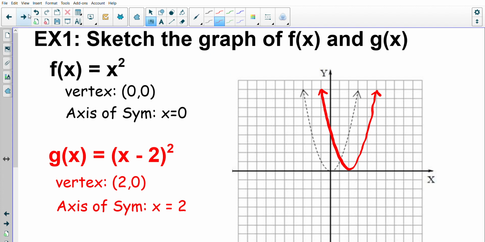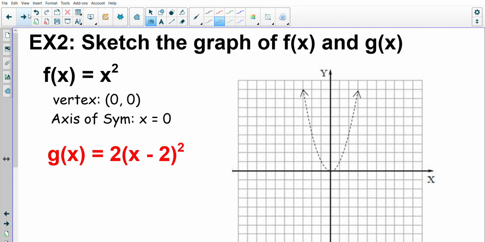Let's look at another one. This is similar, but we put this 2 in front of it. So we still have our parent function, f of x equals x squared, with the vertex at (0, 0) and the axis of symmetry at x equals 0. Outside now, my a value is 2.